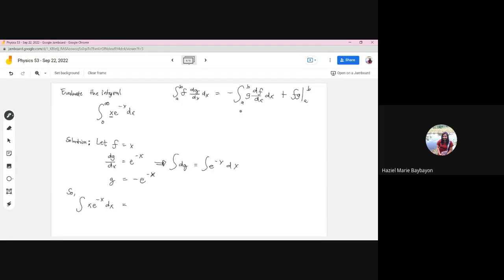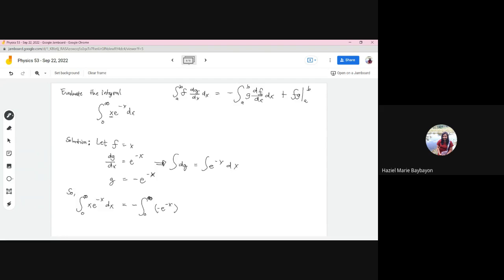Okay, so this particular example, our limits is from 0 to infinity. Okay, so you have minus the integral from 0 to infinity of g. So what is your g? Nakuha naman na to si g, no? Negative e to the minus x.